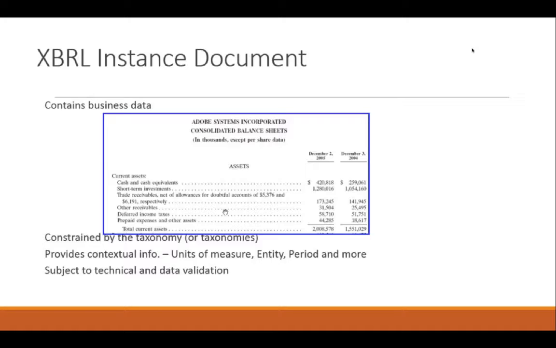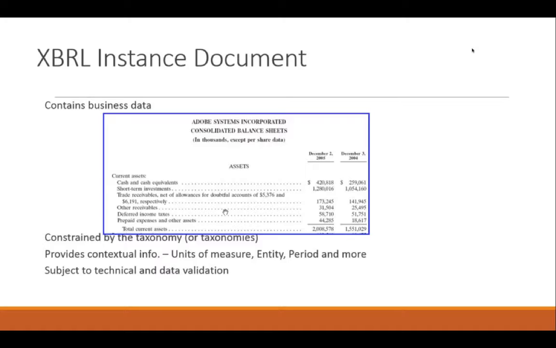So besides the XBRL taxonomy, we also need an XBRL instance document to demonstrate how these XBRL tags can be related to the business information. So for example, this is a part of a business report, and it has so many financial accounting concepts, and also it has the values related to those concepts.